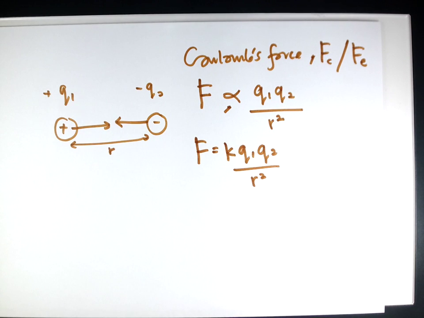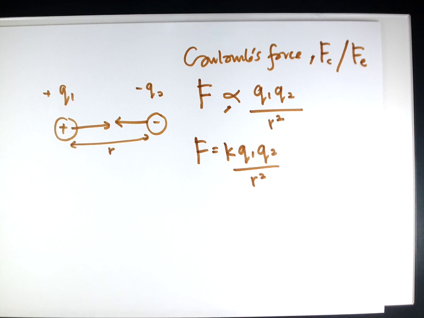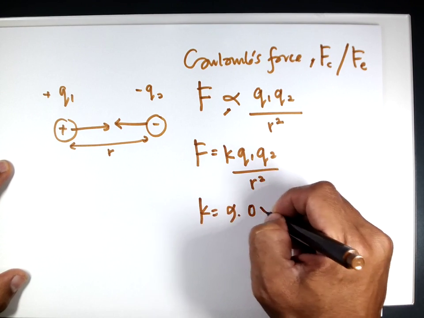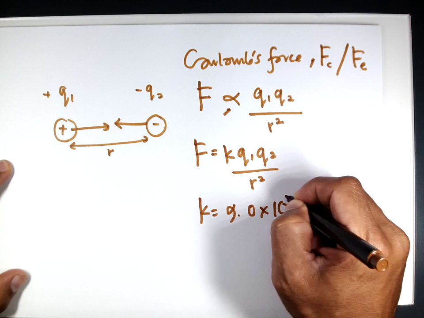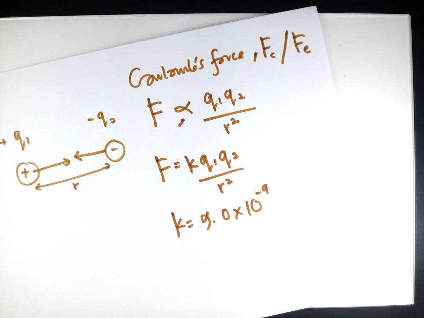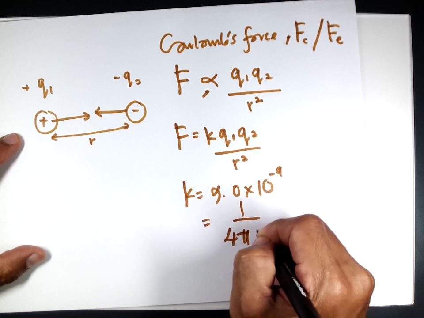Everything in SI unit, so R should be very small, centimeters, millimeters, convert to SI unit, and K is the constant, 9.0 times 10 to the 9 Newton meter squared per Coulomb squared. Okay, or K equal to 1 over 4 pi epsilon naught.